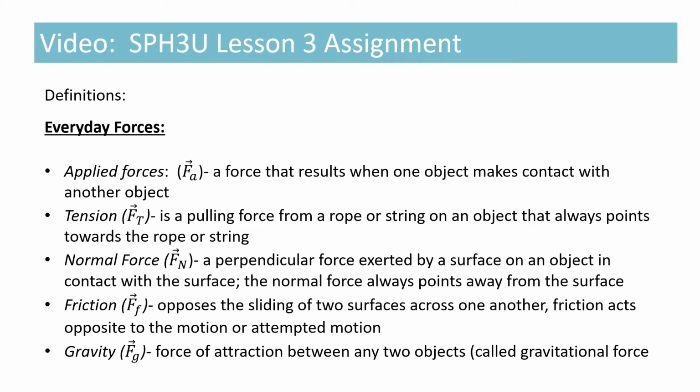Think of you walking on ice, very little friction. Friction acts opposite to the motion or attempted motion. Gravity. The force of attraction between two objects is called gravitational force.